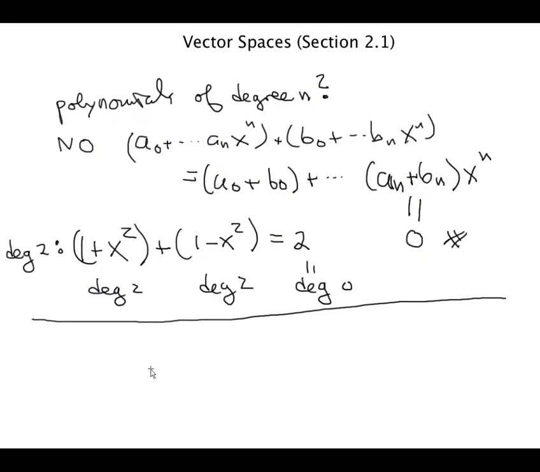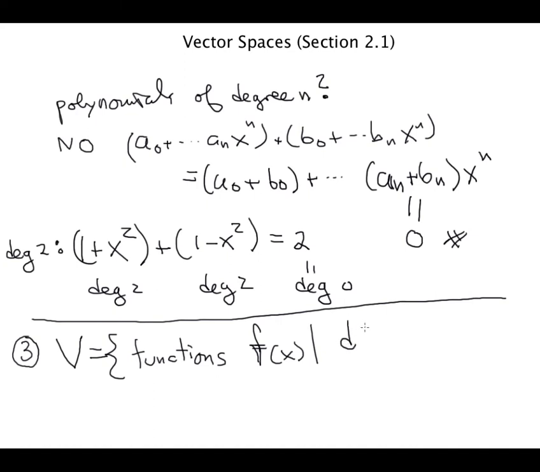Okay, let's look at another example. This one's very much in the spirit of some things we'll be doing later in the course. Let V be the following set: the set of functions f of x satisfying the equation d squared f of x over dx squared is equal to minus f of x.